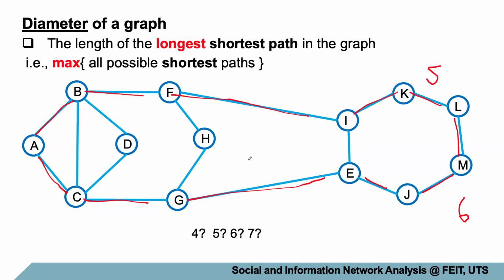When you are listing, you need to make sure you find the shortest path. So the first one is not the shortest path between A and L. This one is length 5. So you just keep listing all the shortest paths and checking. If you find the length of 6, then you delete 5, increase to 6, until you find the largest value. That's the diameter of a graph.